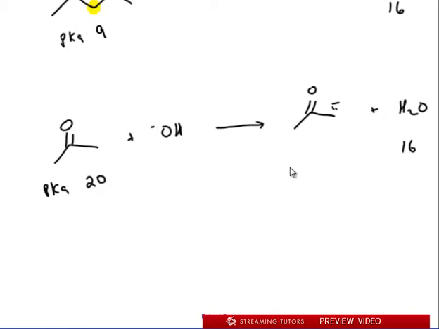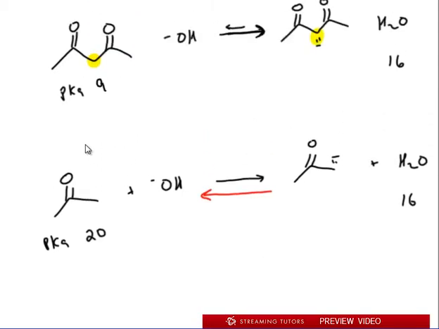Now clearly, the direction is in the wrong place. If we're going to try to pull off an alpha H, we can't do that very well with a hydroxide. Now, it turns out that for halogenation or for deuterium exchange, it's fine, not a problem. We can wait, and through time, it will happen.